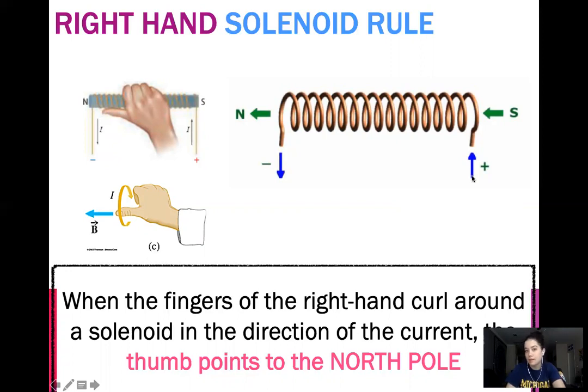So when you wrap your fingers around in the direction of the current, your thumb will point to the North Pole, okay? Because a solenoid acts like a bar magnet, it has a North Pole and a South Pole.